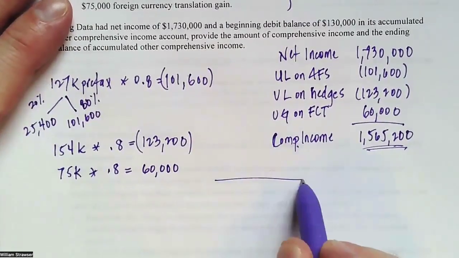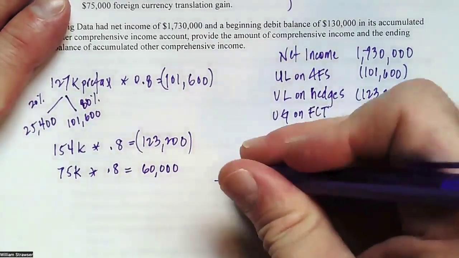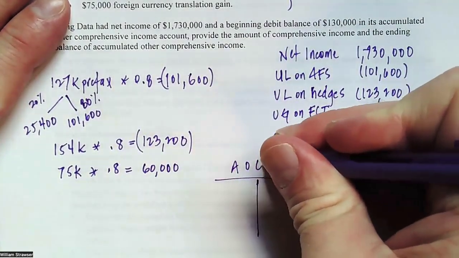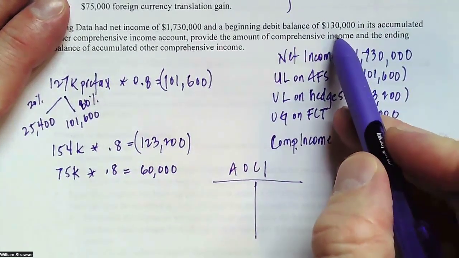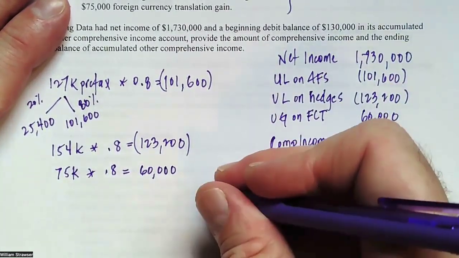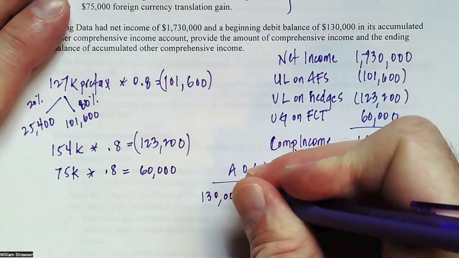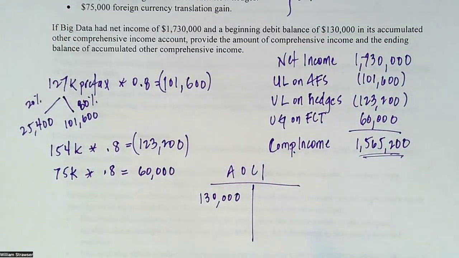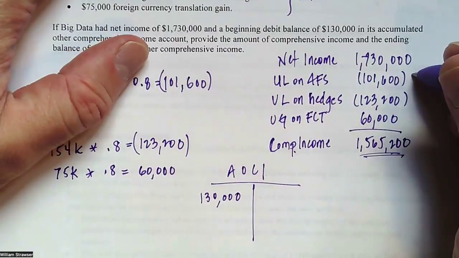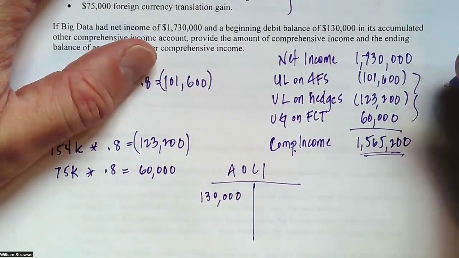For this, we'll make a T account and we'll look at AOCI. AOCI started at a beginning debit balance of $130,000. Now, what do I need to combine in this? Be very careful with what you throw into AOCI. You only want to include these OCI items in AOCI.